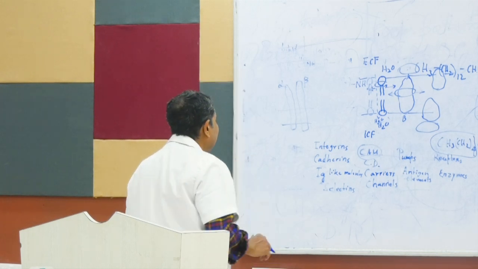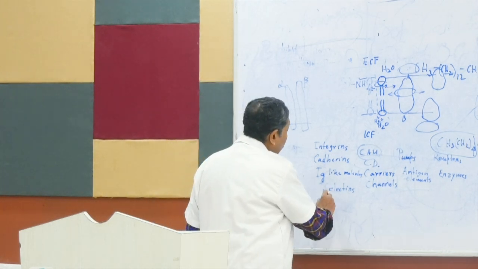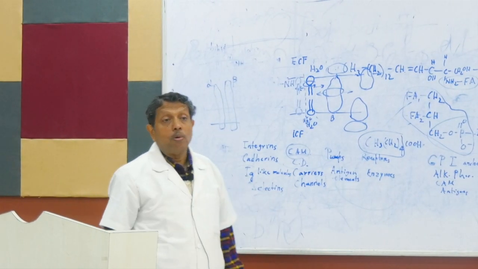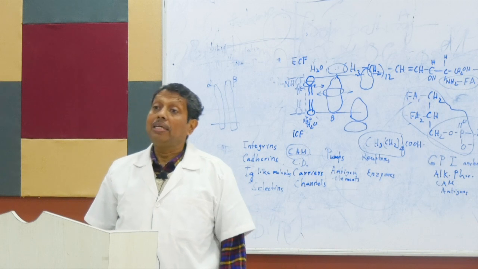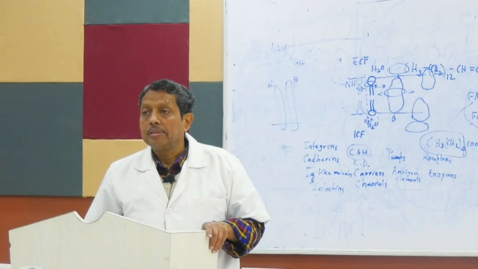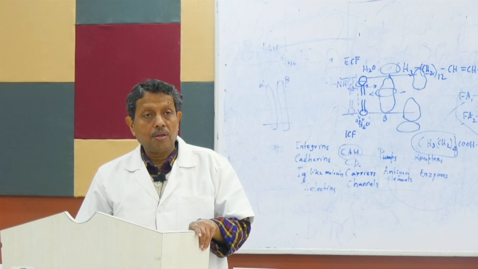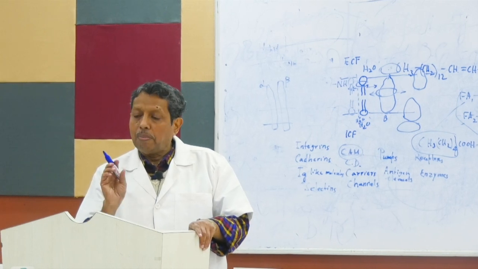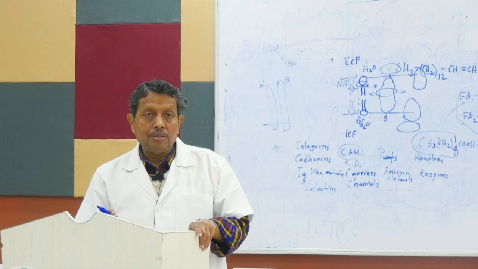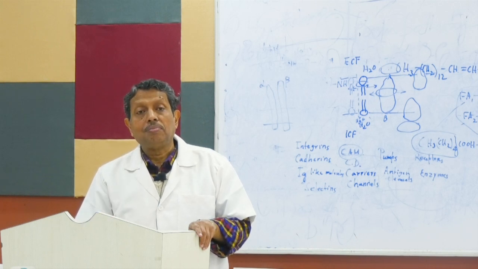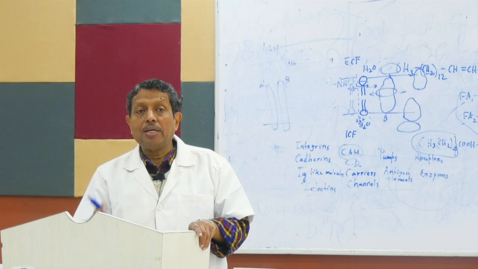And then there are the selectins. They have lectin-like domains. Lectin means they can bind with carbohydrate moieties. They are not considered glycoproteins or mucoproteins. They can bind a particular part, that is the carbohydrate moieties, some chains of carbohydrates.